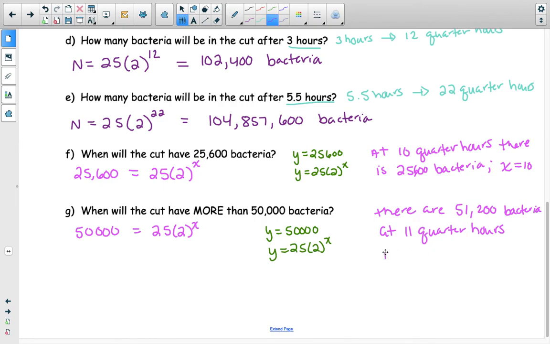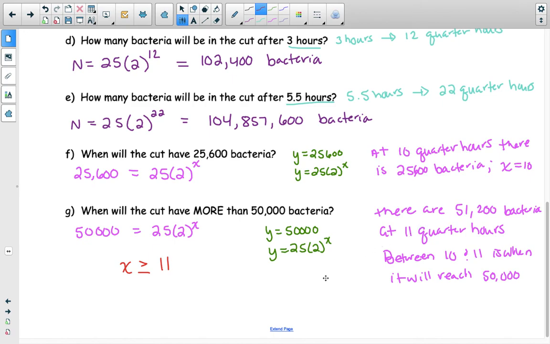So we can say between 10 and 11 is when it will reach 50,000 bacteria. So we know that at 11, it will be at 51,200 because we can just multiply by 2 from the 25,600. So we can say that when x is greater than or equal to 11 quarter hours, we will have more than 50,000. Because at 11, we know it already is above 50,000.